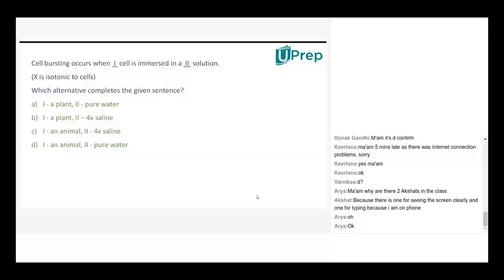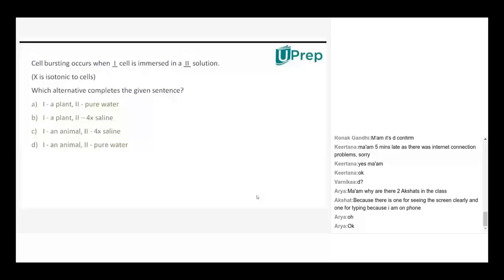Even if a plant cell is kept in pure water, or in saline water, which is hypertonic, or in an isotonic solution, whatever the concentration of the solution, the plant cell wall will help the plant cell to resist changes. So far, options A and B can be eliminated.